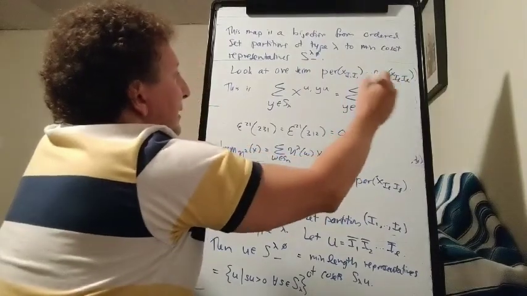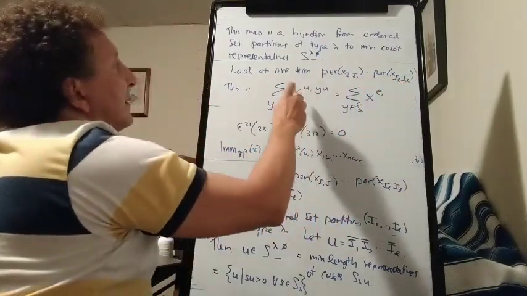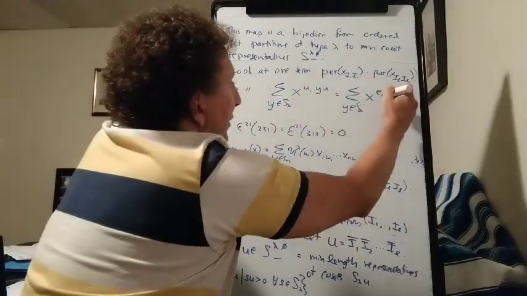Now by the exercise I gave you in the last video, we can take this u and make it a u inverse and put it on the right.